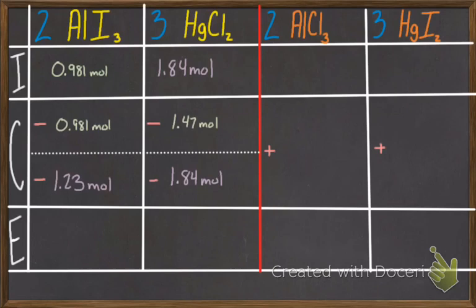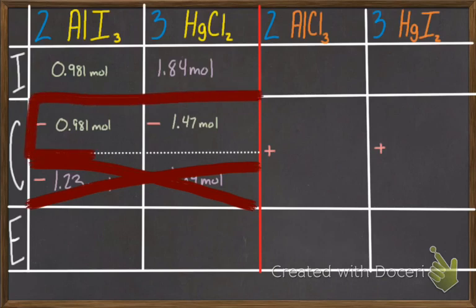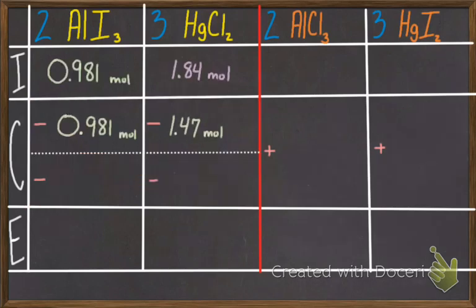After we evaluate, if we look here, we can see which one is going to produce negative values, and it's going to be this one here at the bottom. So we're not going to use it, and we're going to use this one right here, which goes with the aluminum iodide. So let's clean this up a little bit to make this a little bit easier to work with.